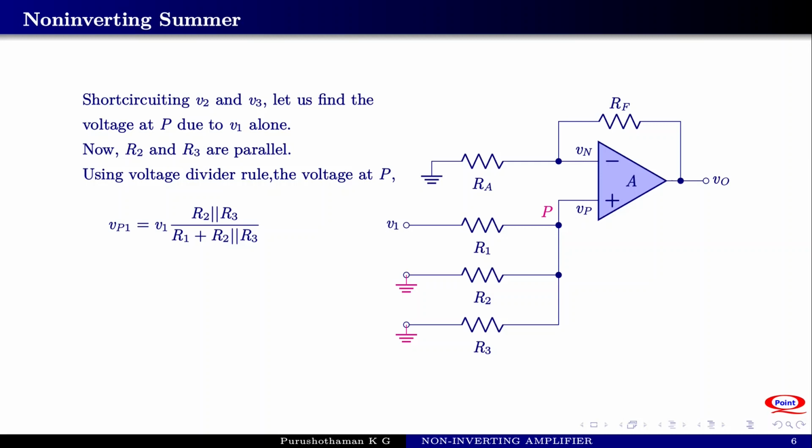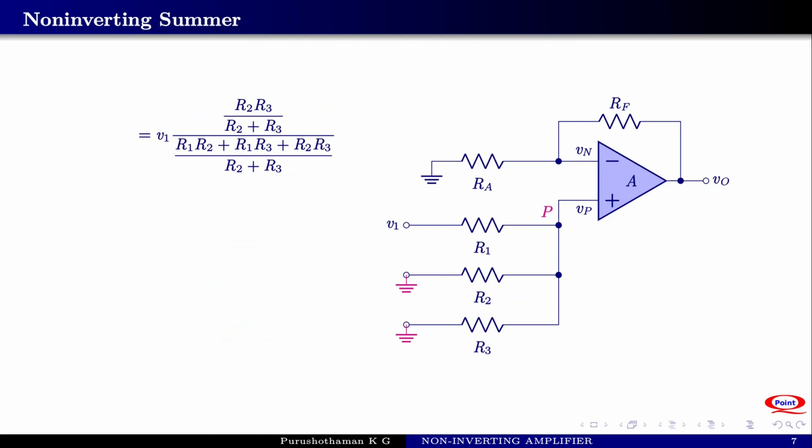Now we will simplify this expression. This is equal to V1 into the parallel combination of R2 and R3, which will be R2 R3 by R2 plus R3, divided by R1 plus R2 R3 by R2 plus R3. So it's only an algebraic manipulation. I am not explaining all this. These are the steps given. You can verify these steps. Now the R2 plus R3 terms in the denominators can be cancelled, resulting in this expression.